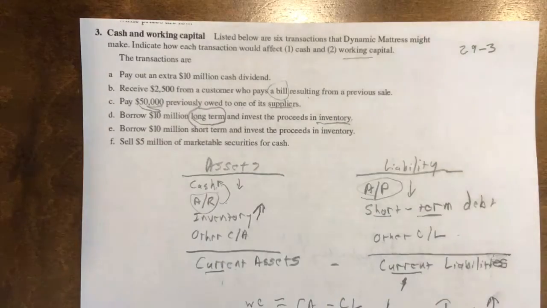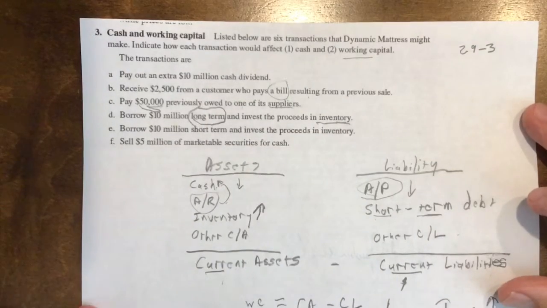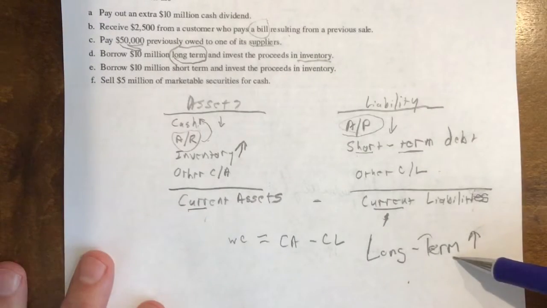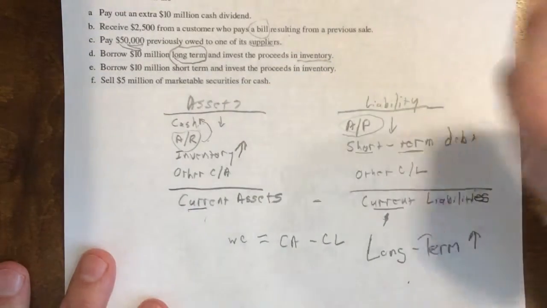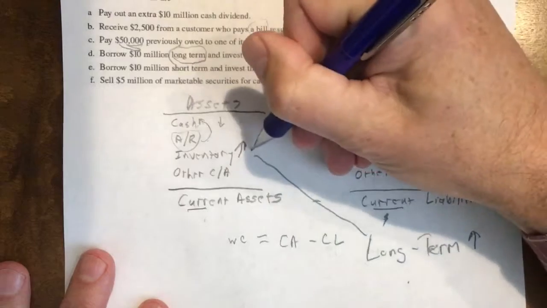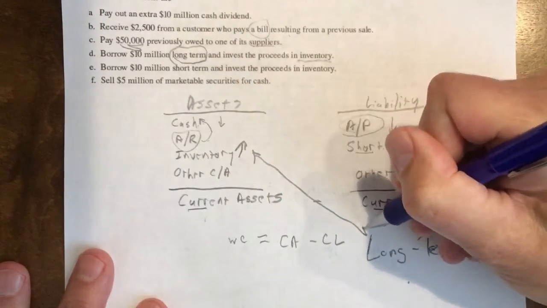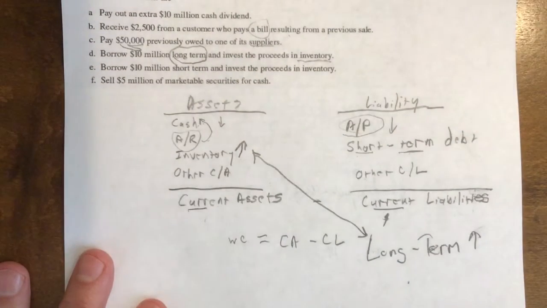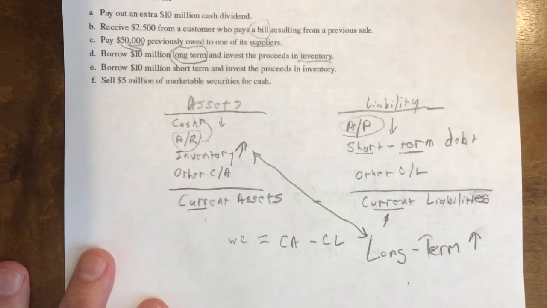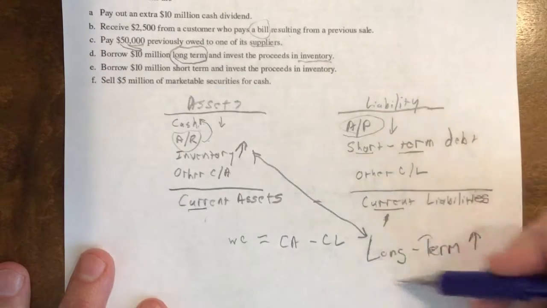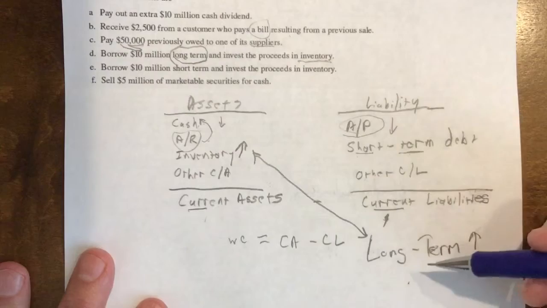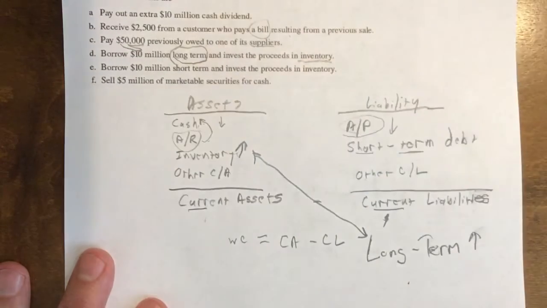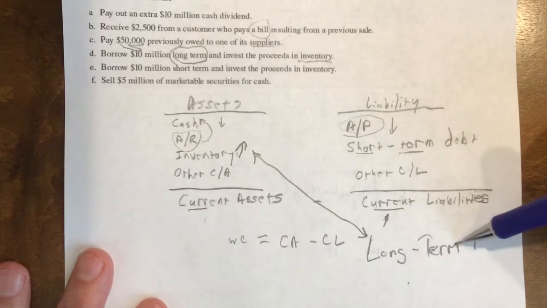If you are solely focused on working capital, you'd say, wow, let's borrow as much long-term as we possibly can and invest it in inventory, and we're doing great because we've increased our working capital. Well, we're not really doing great. We haven't really done anything except potentially hurt ourselves if we can't sell that inventory, because we will have to pay back the debt.